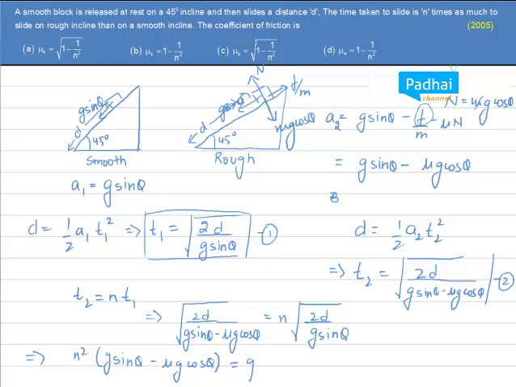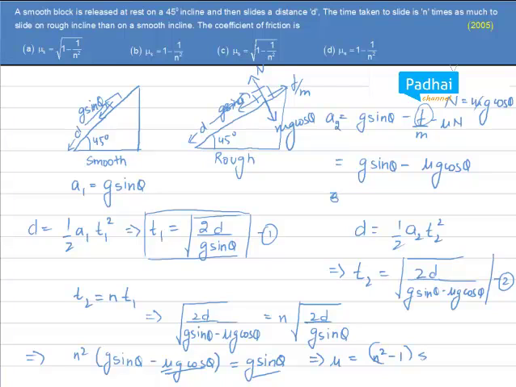This will be equal to what? g sine theta, right? And from here we can also see that we have to calculate what? Mu. So mu will be given by, if I take this thing over here and this term over here, mu will be equal to n square minus 1 into g, and g will cancel out on all the sides.